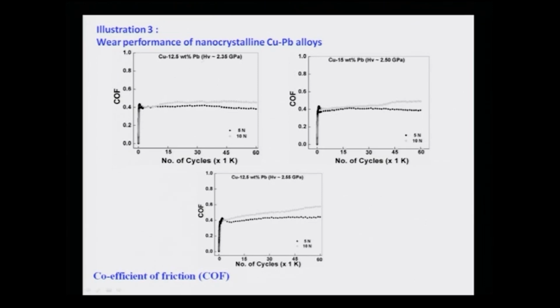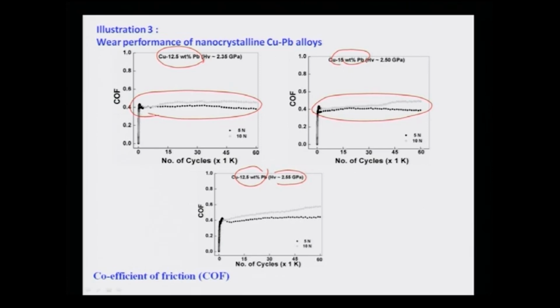You can see that for different concentrations of lead, 12.5, 15, or this is also 12.5 but at different hardness, the coefficient of friction is pretty low as compared to copper. The coefficient of friction of copper is about 0.8 against steel, and this wear test is done using a steel ball on a fretting wear machine.